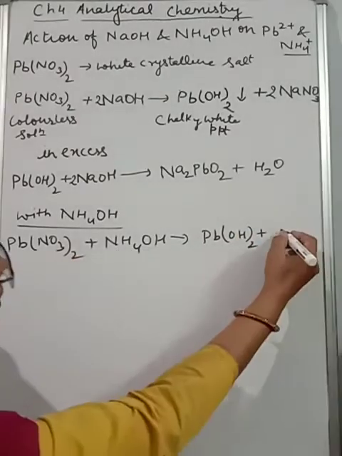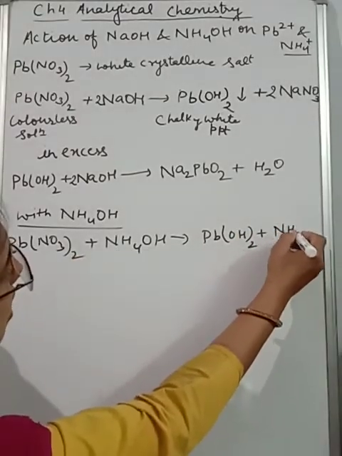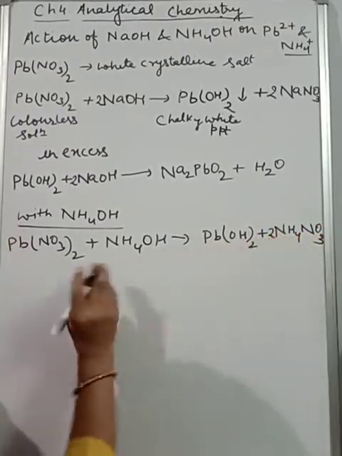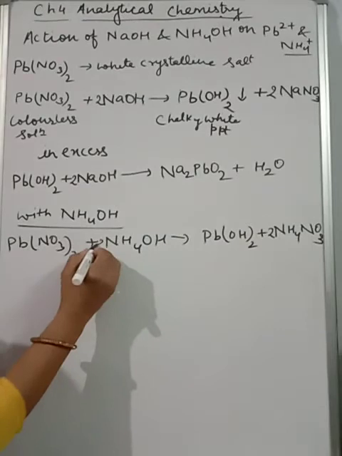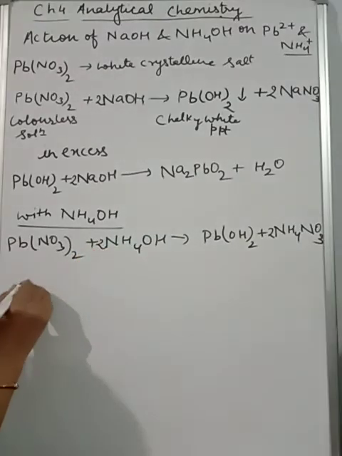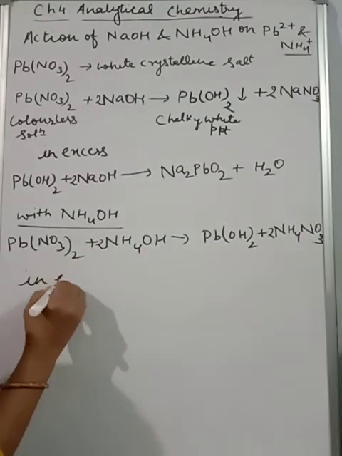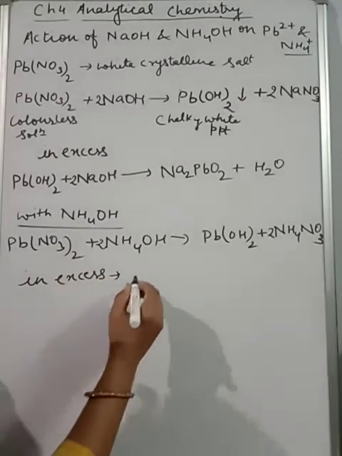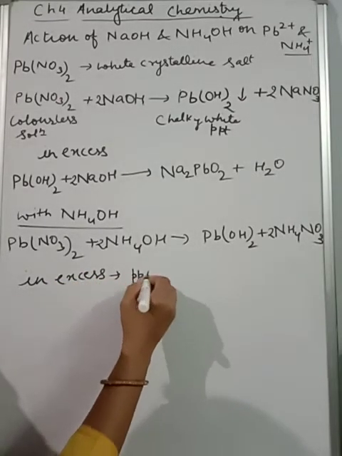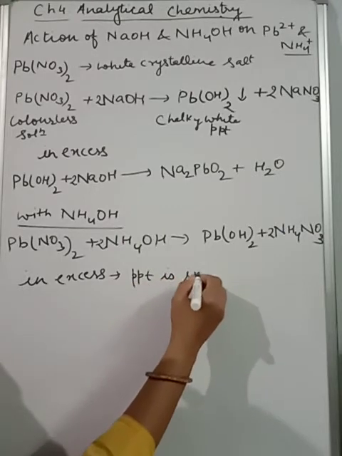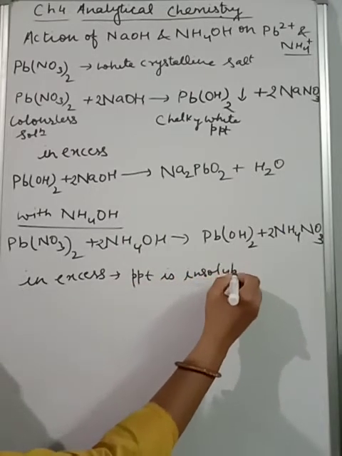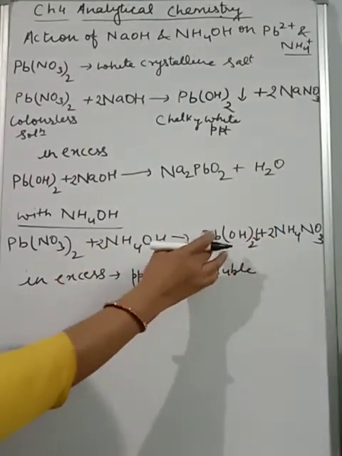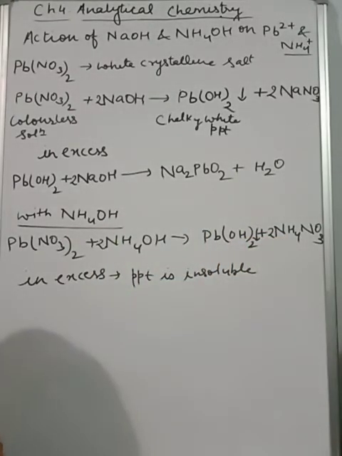Here, ammonium nitrate. And when we add excess of ammonium hydroxide, the precipitate is not going to get dissolved. Means the precipitate is insoluble, it remains a precipitate. Here also you will mention chalky white PPT.